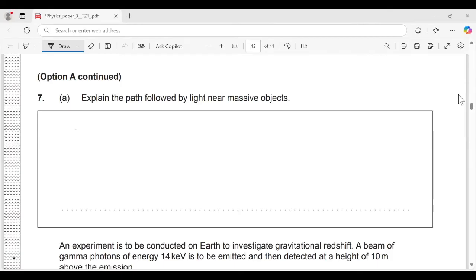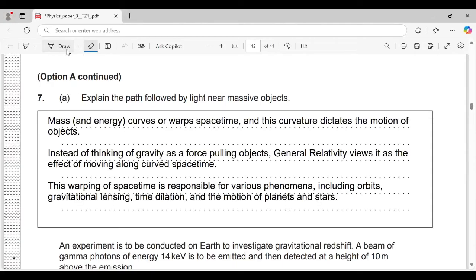Number 7. Explain the path followed by light near massive objects. I have provided my explanation about this question. Mass and energy curve or warp space-time, and this curvature dictates the motions of objects.